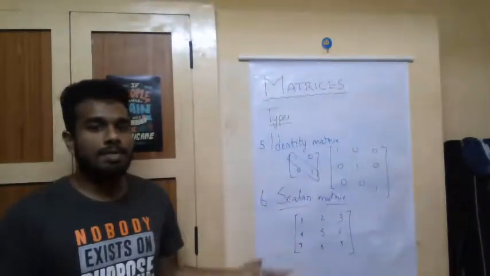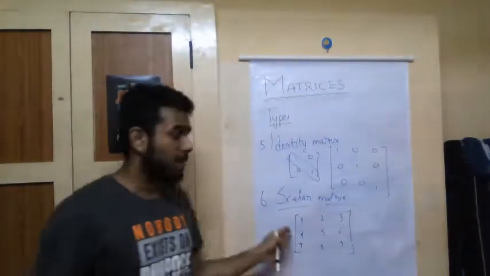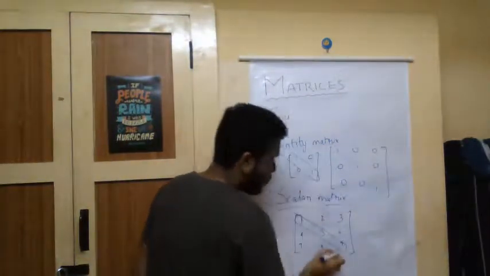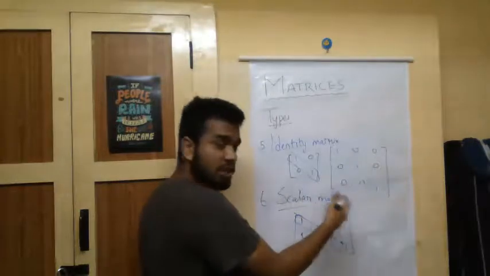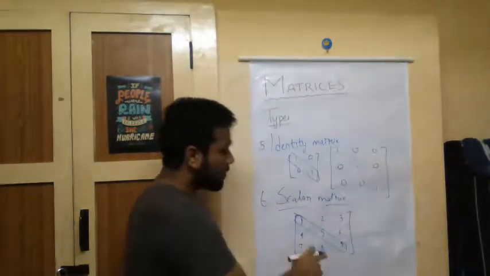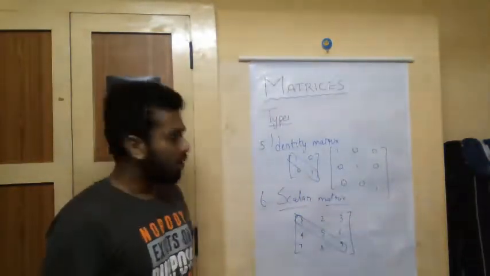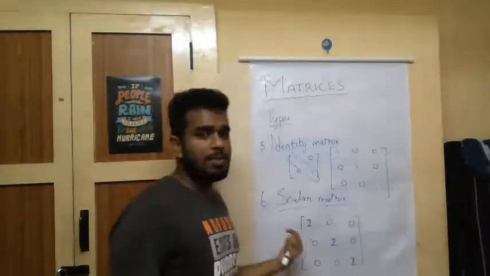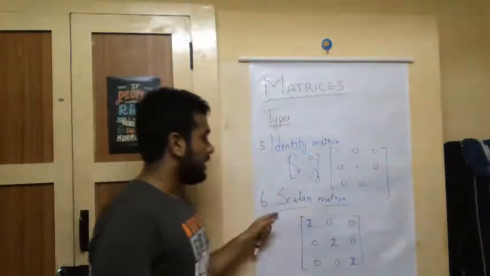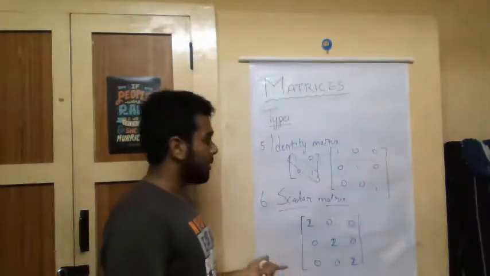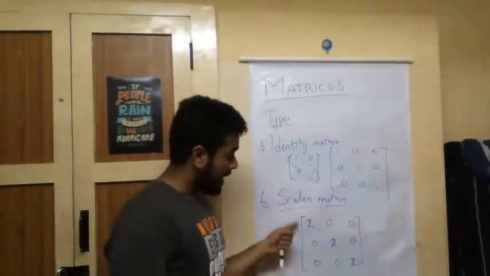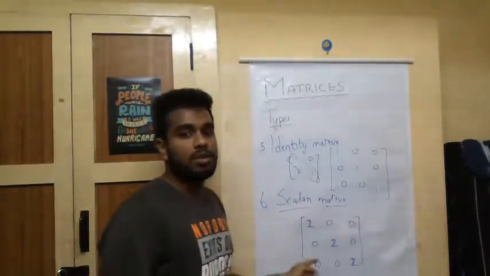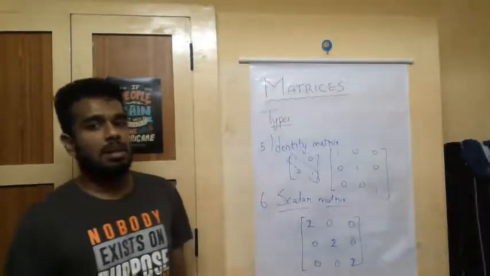If this is an example matrix, what makes it a scalar matrix is that, again, the principal diagonal elements should be non-zero and the remaining should be 0, and at the same time all the principal diagonal elements should be equal. It must be a square matrix for it to be a scalar matrix, and the principal diagonal elements are non-zero and all equal to each other, whereas the non-principal diagonal elements are 0.